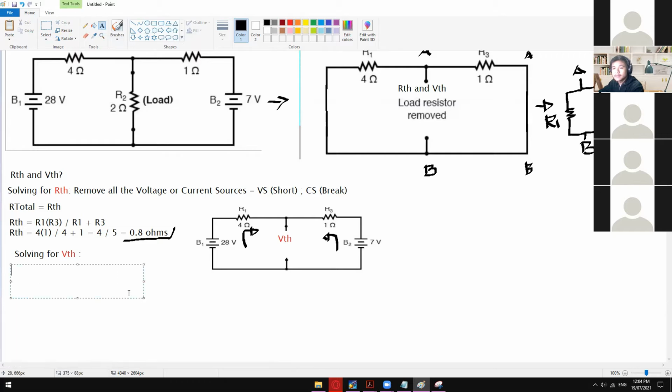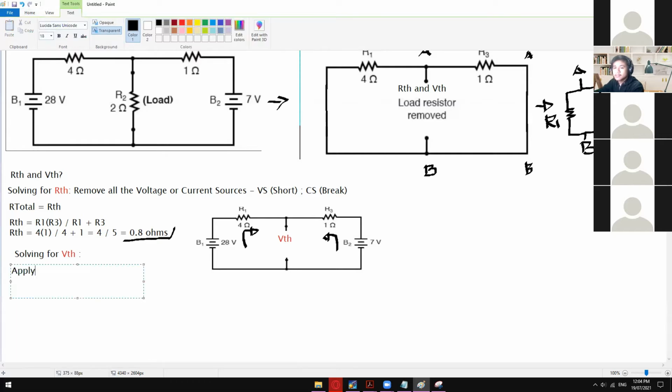Applying KVL to find the total current, the single total current. Of course, one voltage source will dominate the entire circuit. There's no way that both of them will function at the same time. There is always one voltage source that will dominate the entire circuit.